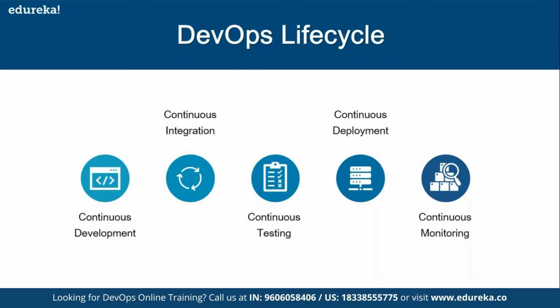On the other hand, continuous integration is the stage which is the heart of the entire DevOps lifecycle. So you plan it, you make use of version control systems like Git and GitHub, followed by which you have continuous integration, which is the heart, the main phase of your DevOps lifecycle, right?